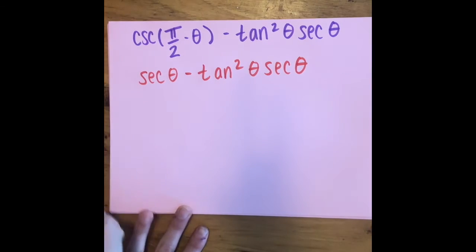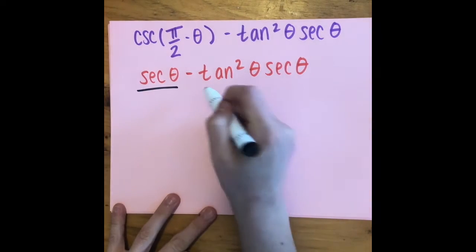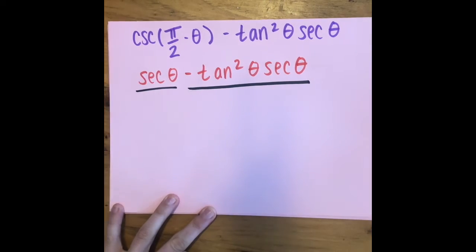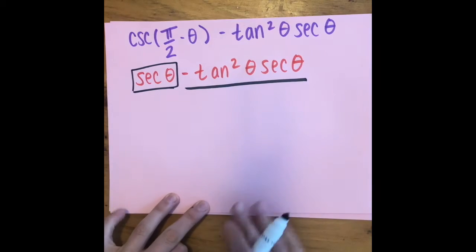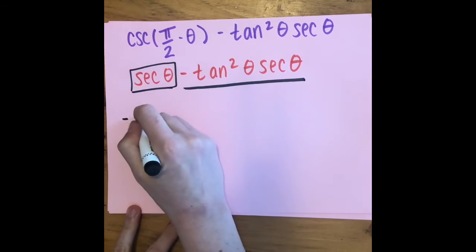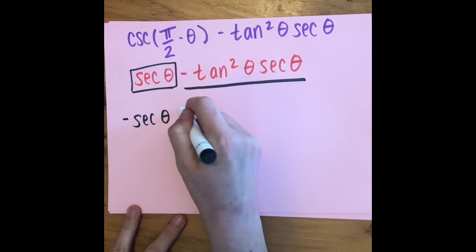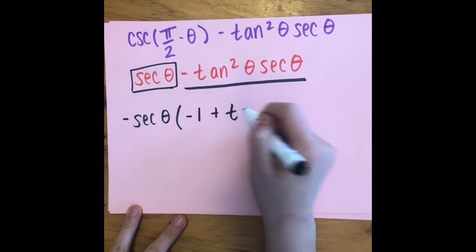secant theta. All right, so we've got to factor. Remember, we have one term here and one term here. What do they have in common? Secant. So we're going to pull out negative secant theta.